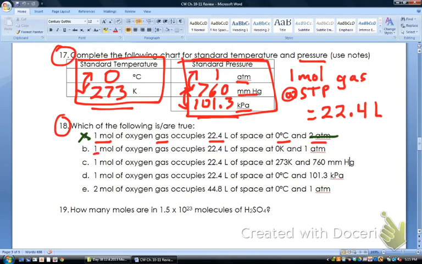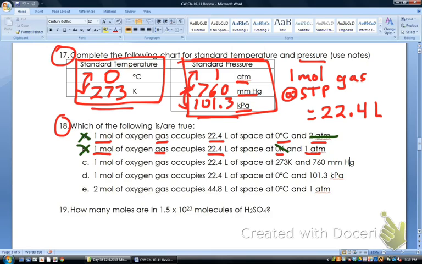Next, we have B. B says we have 1 mole of gas, so again 1 mole, it's at 22.4 liters, at 0 Kelvin, and 1 atmosphere. What's wrong with this? It's the value of STP, so they gave us the wrong temperature. So it's not 0 K, it's supposed to be 273 K. That makes B wrong.